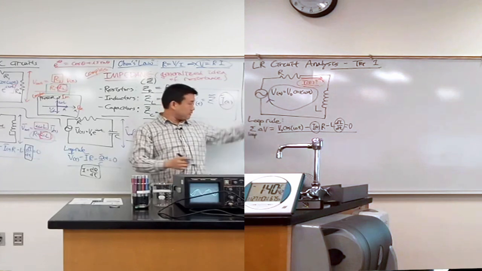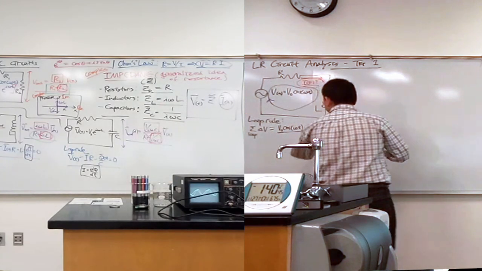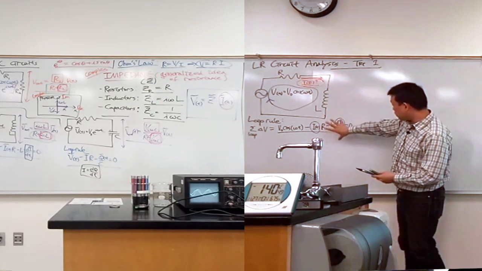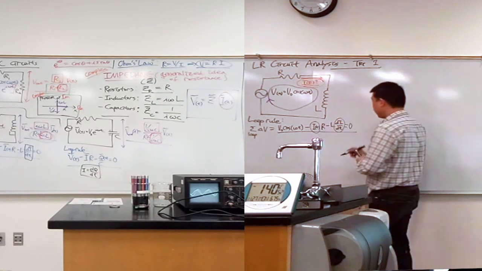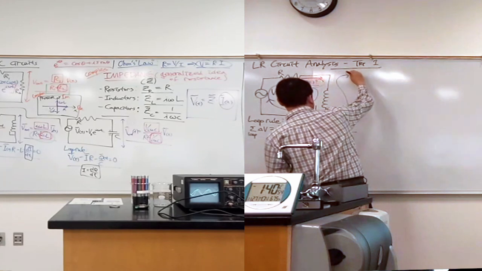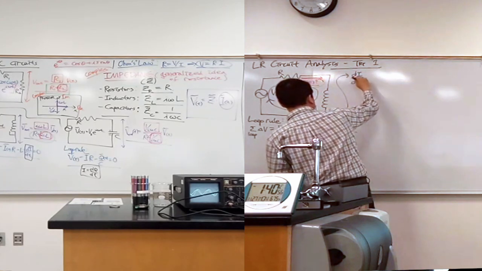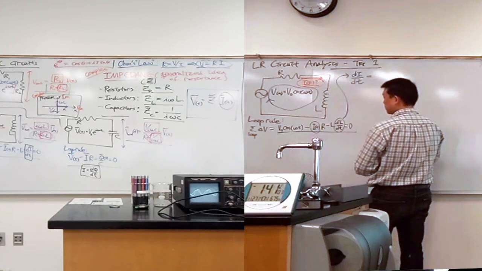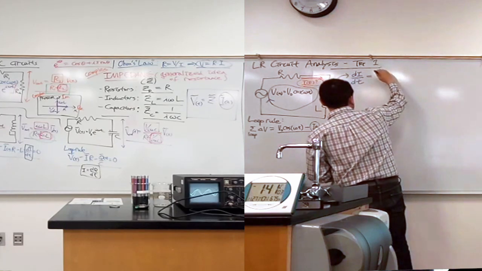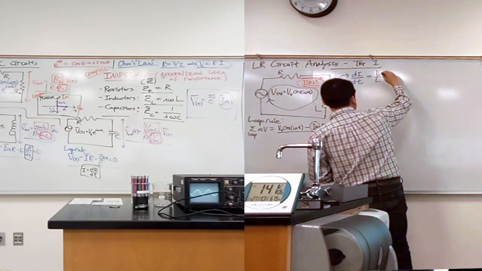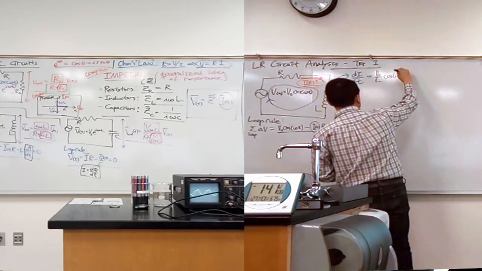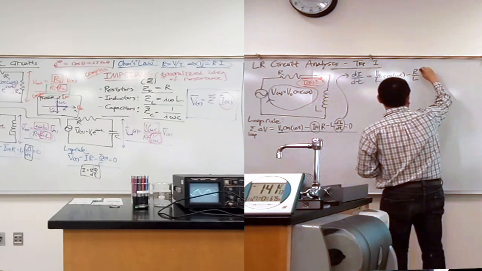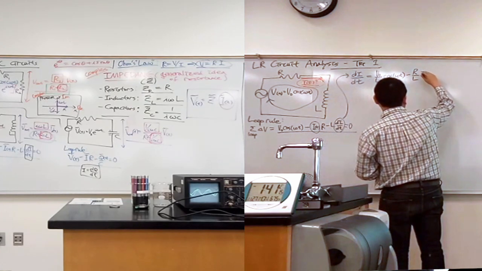Good. So let me put this into the form I have been putting all my differential equations into. I'm going to solve this for the highest order differential. So di dt is equal to, so move this over, divide out by L. So it'll be V naught over L cosine omega t minus R over L I as a function of time.